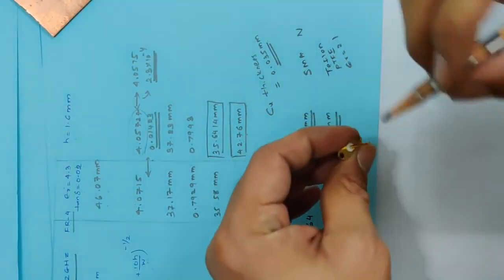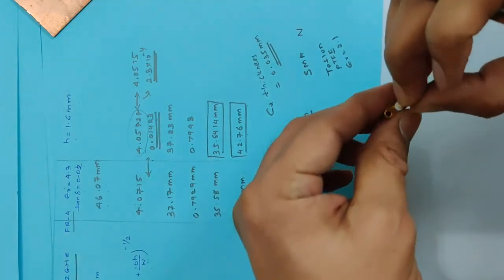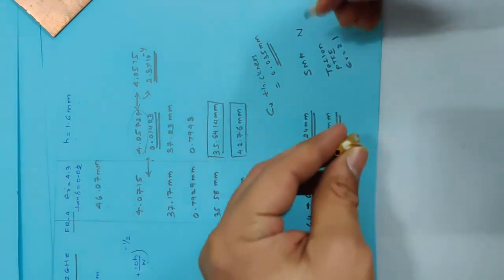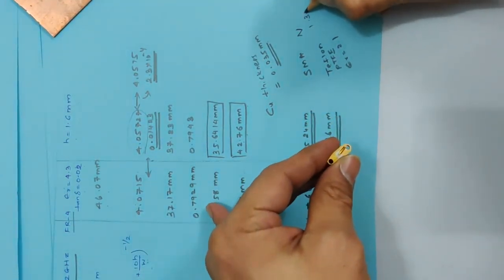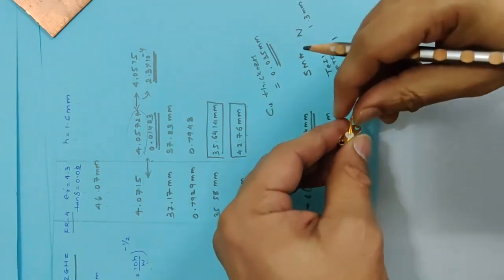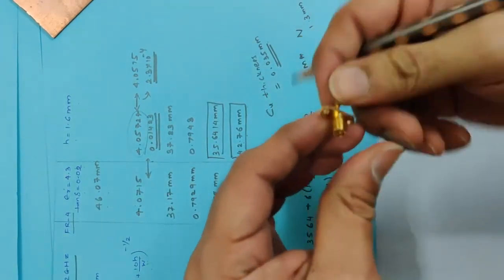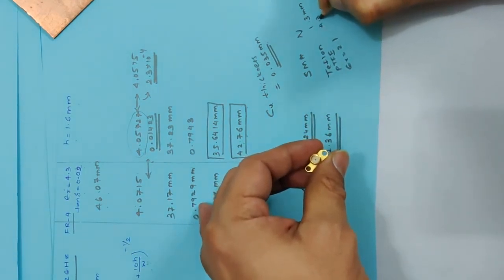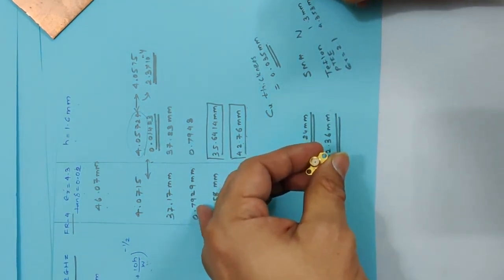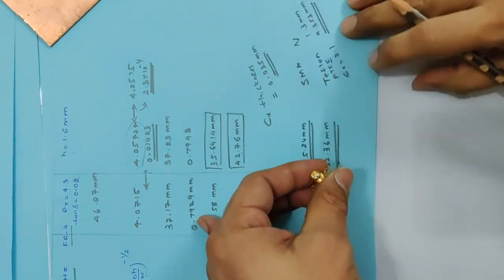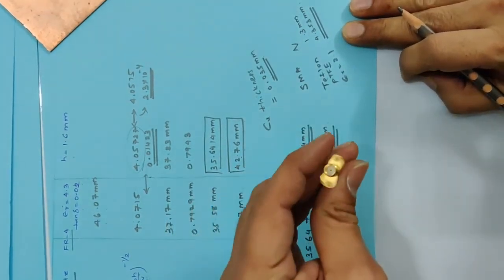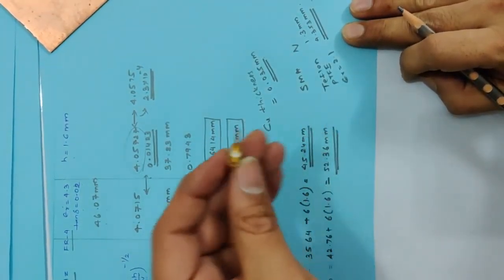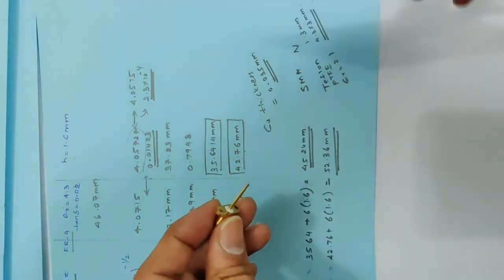Now the inner conductor diameter is 1.3 mm, while the outer conductor diameter is 4.353 mm. Okay, so we have to consider this for the design purpose.